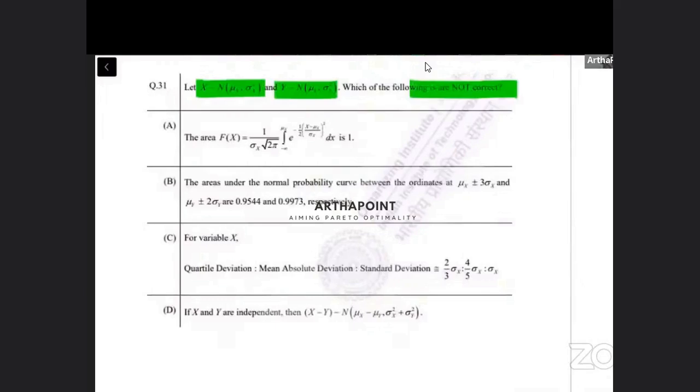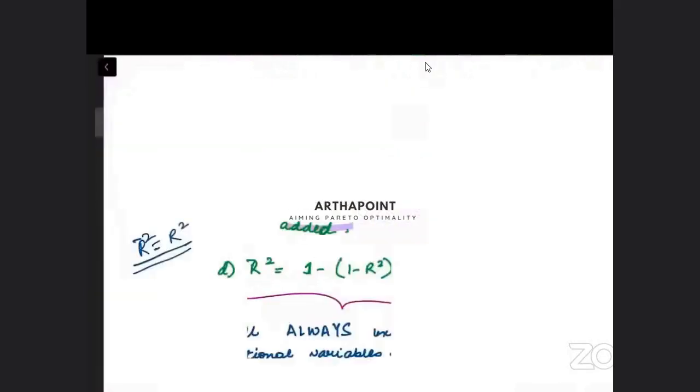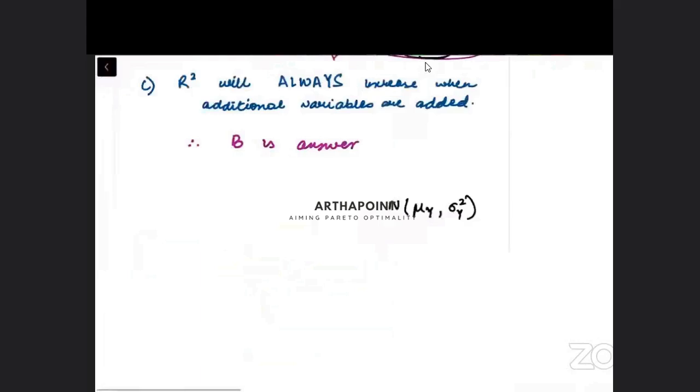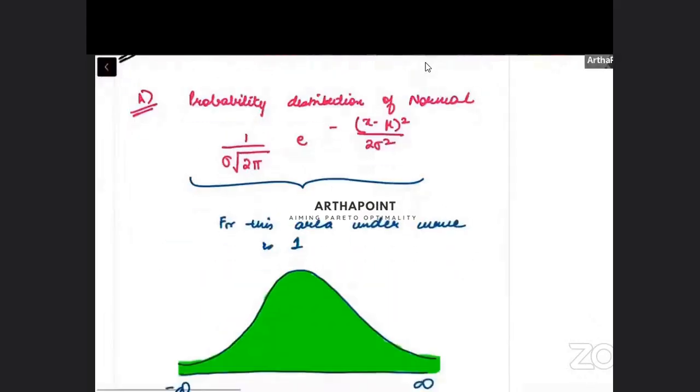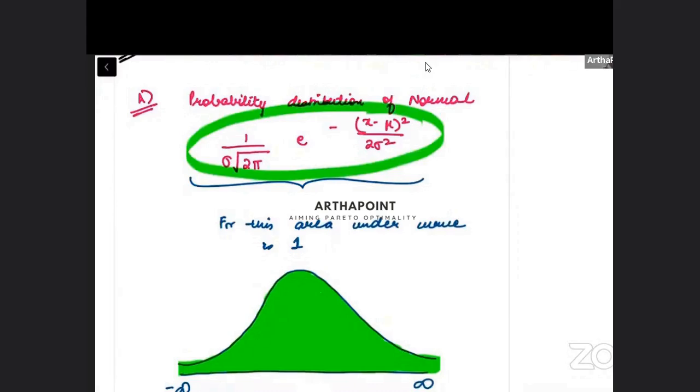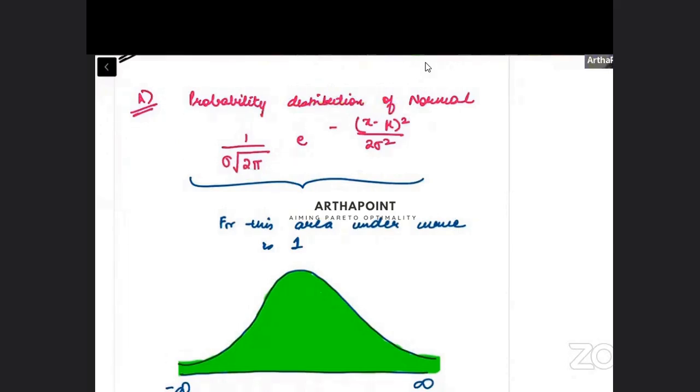Look, it is normally distributed. So if I come to the normal distribution formula, then this is the probability distribution of a normal distribution. This is how it looks. You should remember this much. This is the probability density function of a normal distribution. Now for this probability density function, the area under the curve is actually 1, right?